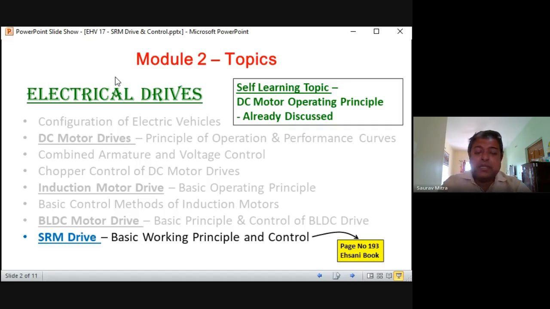My main aim is to tell you about SRM, that is switched reluctance motor, how it rotates, what are the advantages, disadvantages, what is the working principle, and first, what is meant by reluctance and what is meant by switched reluctance. Again, there are three coils, and as we have done in the case of BLDC, where one after another coil was being energized, the same thing will be done here.